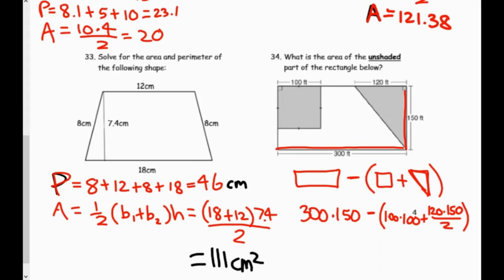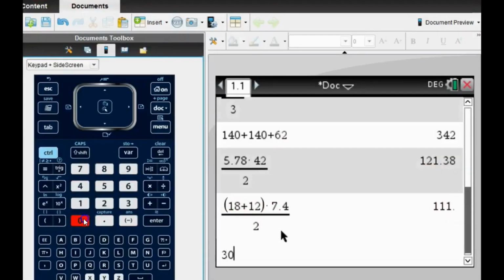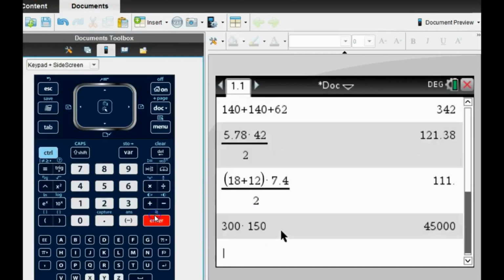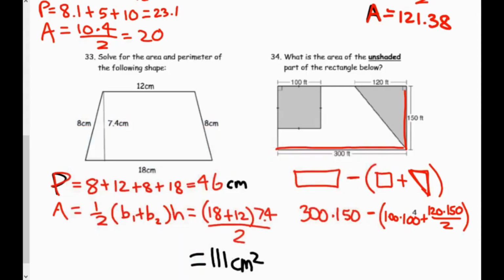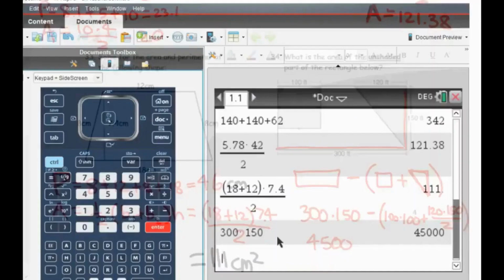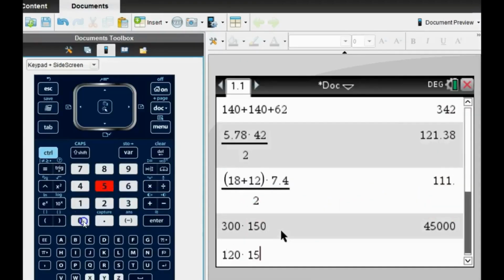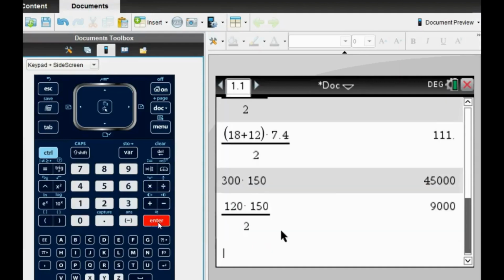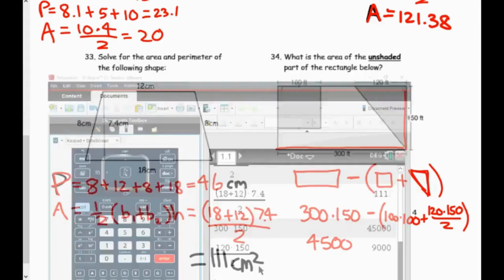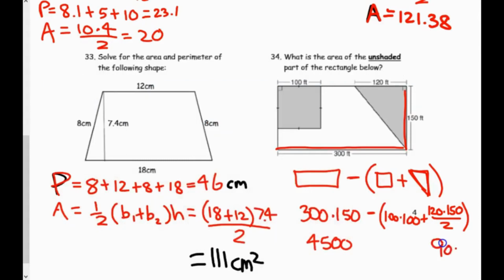120 times 150 over 2. Let's figure out these numbers. 300 times 150. 45,000. Okay. So we're going to add those up over here.